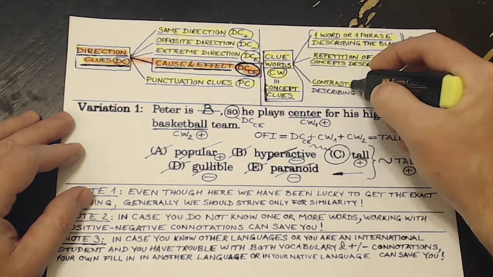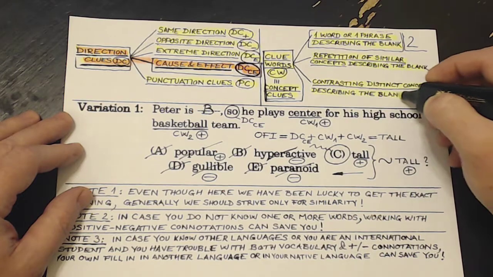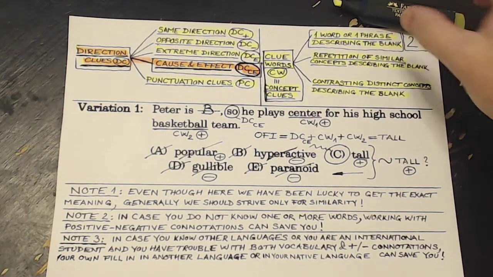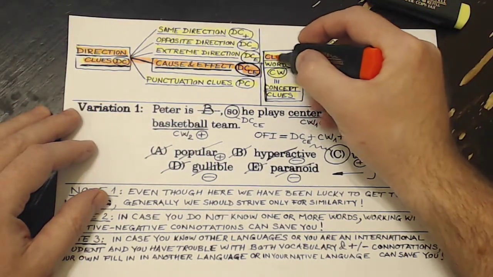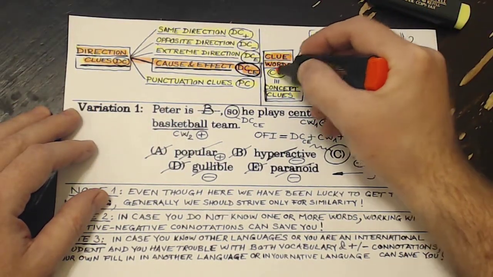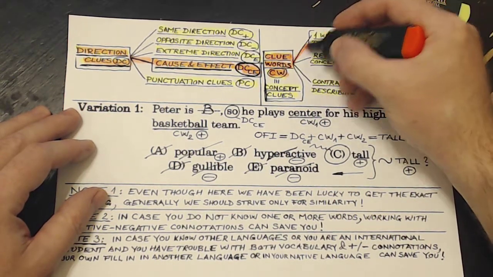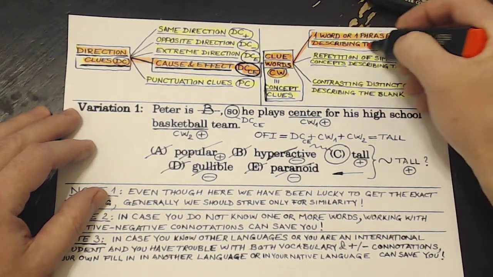Or the third one, contrasting distinct concepts describing the blank. And again, due to lack of time on this mini training, we will only cover one type of clue word, namely the one word or one phrase describing the blank type clue word.